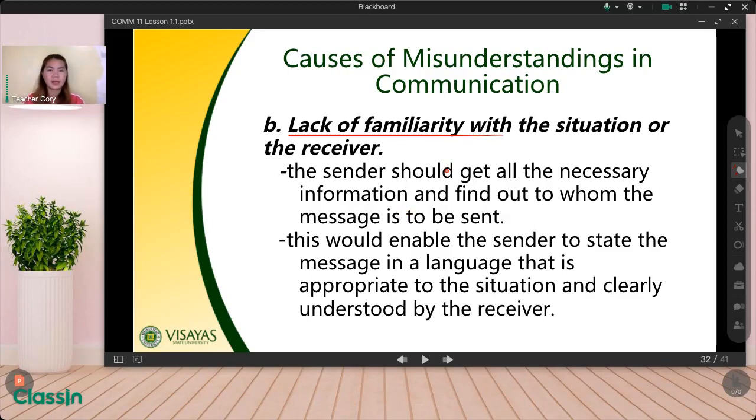So sometimes we don't know whom we are talking to. That's why it's important for us to know to whom the message is to be sent, so we can adjust our language, whether it's still appropriate to the situation or to the recipient or not.